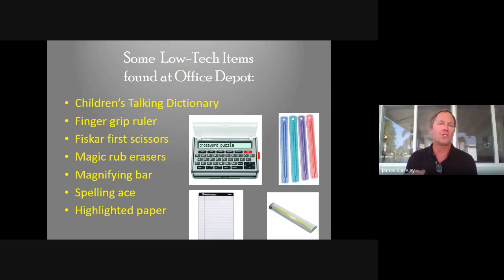Those magic rubber erasers, even if a kid is erasing a lot, it doesn't rip the paper. They're great tools. A magnifying bar in the lower right-hand corner magnifies the text, as well as you see that yellow line. It can highlight in yellow one line of text. And then that highlighting paper is another great tool for students who struggle with legibility in writing.